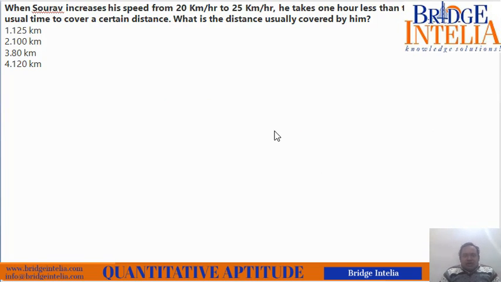When Saurav increases his speed from 20 kilometers per hour to 25 kilometers per hour, he takes 1 hour less than the usual time to cover a certain distance. What is the distance usually covered by him? So let's see. So two cases, case 1 and case 2.